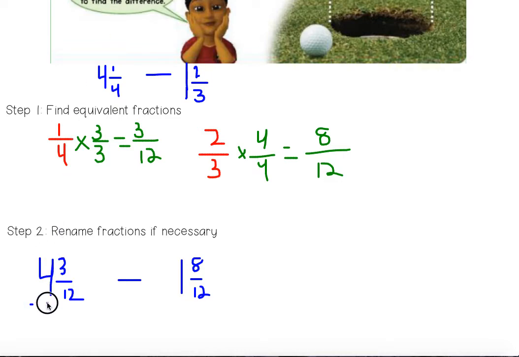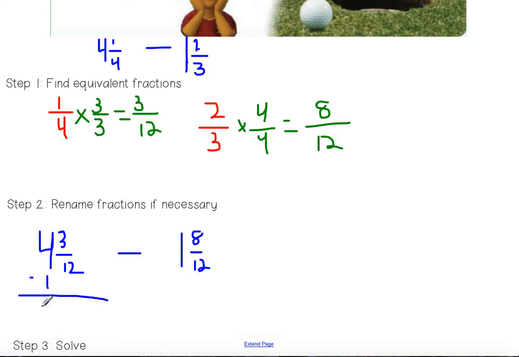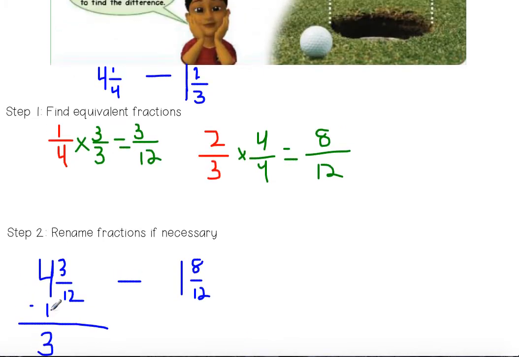I'm going to subtract 1, and that's going to become 3. Pretty self-explanatory. I'm taking one whole away from my 4, and it becomes 3. The question becomes, well, what do I do with this one whole? Well, we know that this one whole, since our common denominator is 12, is also equal to 12 over 12.